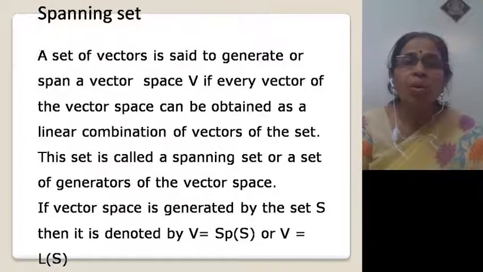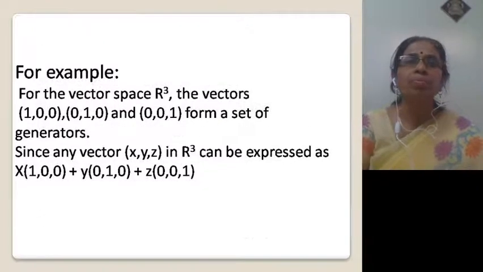This set is called a spanning set or a set of generators of the vector space. If a vector space is generated by the set S, then it is denoted by V is equal to span of S, or V is equal to L of S.